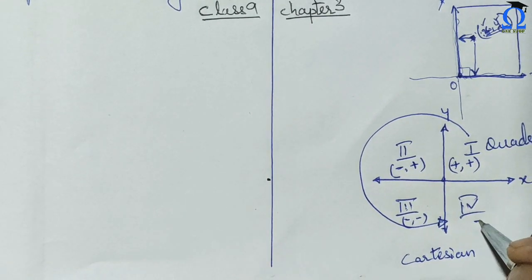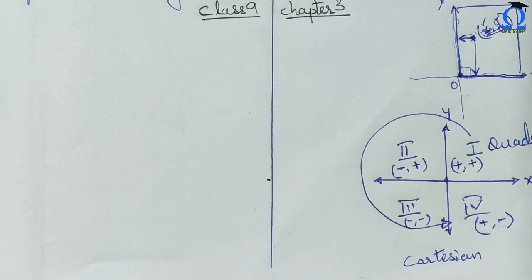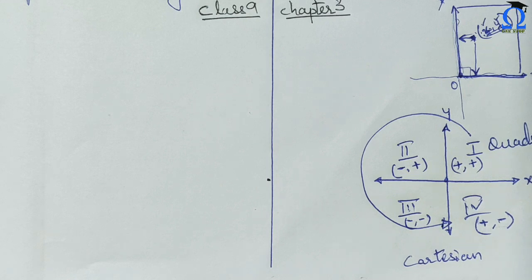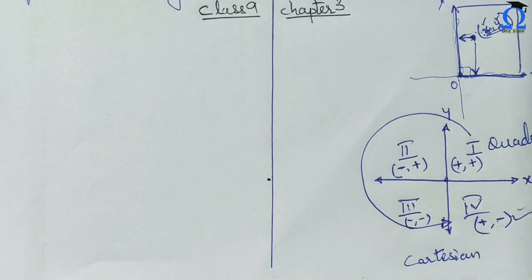And for this one, x is positive but y is negative. So whenever we come across a point where the first number is positive and the second number is negative, we can automatically say that it is from the fourth quadrant. We don't have to plot it in the graph and then search for which quadrant. We can directly say that this is the fourth quadrant, this is the second quadrant, like that.